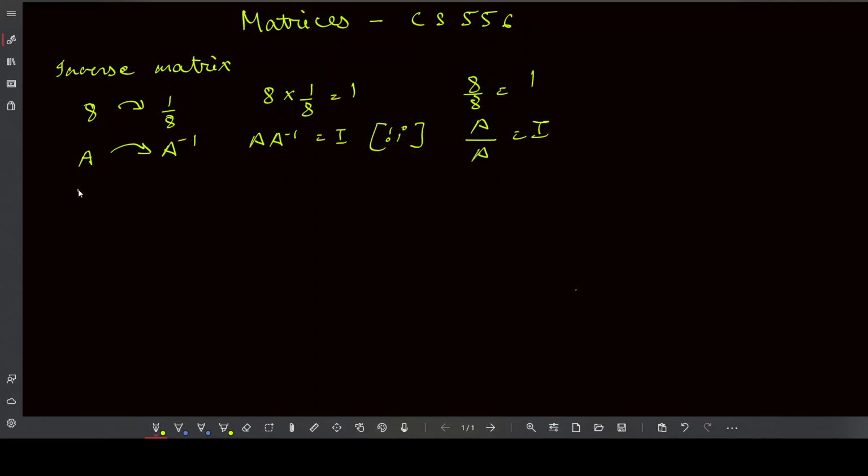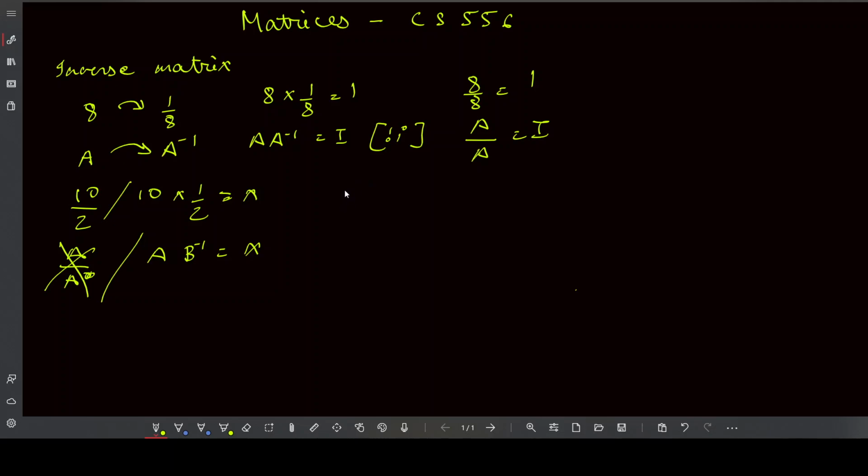So if you want to divide 10 by 2, you can either divide it by 2 or you can multiply 10 by the reciprocal of 2. Since there's no concept of dividing by a matrix, what you do instead is that you multiply A by the inverse of some other matrix to get some answer, right? So that's what the inverse of a matrix is.